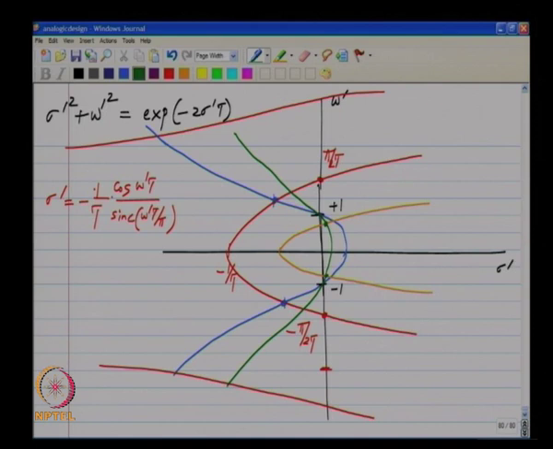Now, it does not matter if you have a number of intersection points with sigma prime less than 0. What matters is, even if you have a single pair of points with sigma prime greater than 0, the solution will blow up and the amplifier is not usable. What is meant by blowing up is that when you do not have an input because of some initial condition, the output simply diverges.